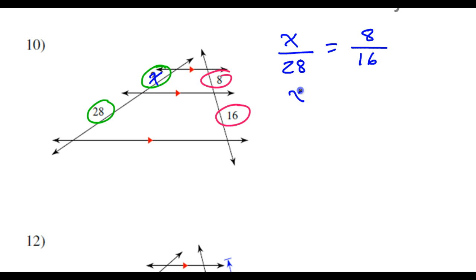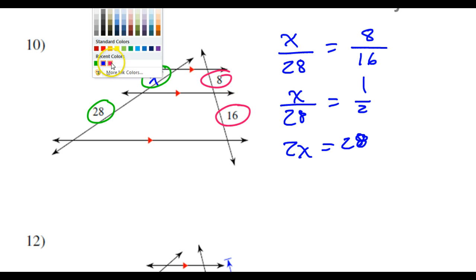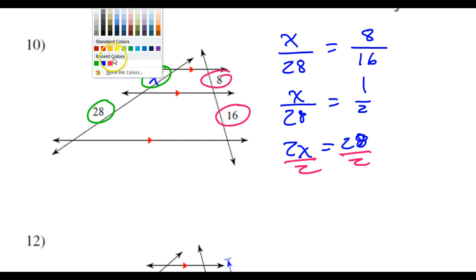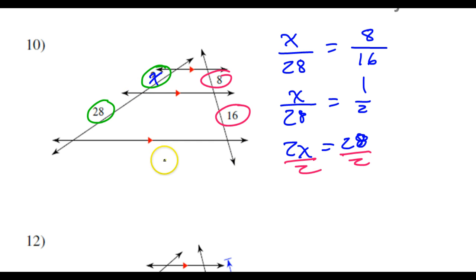I like to reduce these, so that's going to be 1/2. So when I cross multiply, 2 times x, I have 2x. 28 times 1 is just 28. So when I divide by 2, I'm going to get x equals 14.